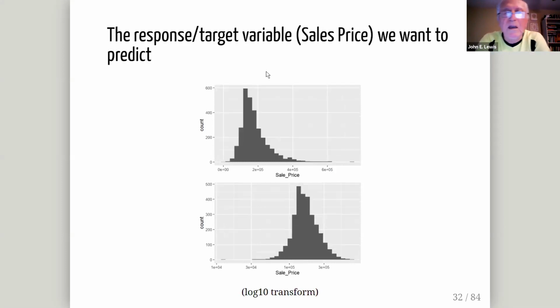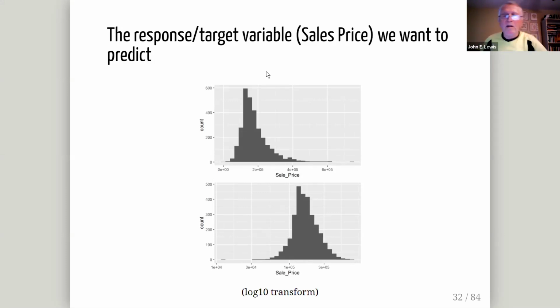This is a slide of the response or the target variable. This is sale price, and this is the variable that we want to predict out of our regression effort. The top slide shows the count, and you can see that it's a skewed distribution with a long tail to the right, and this might, for some particular models, cause a bit of a problem.